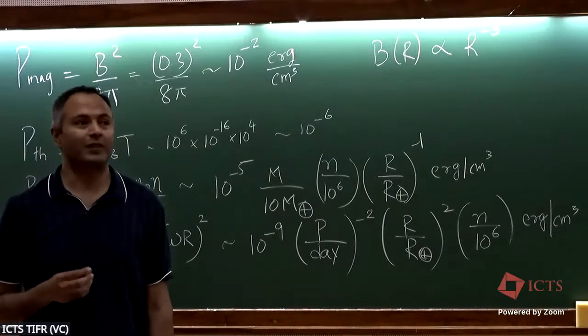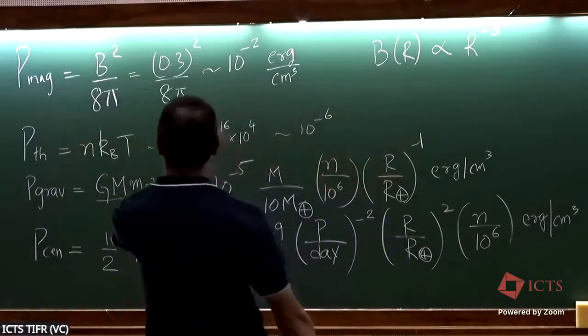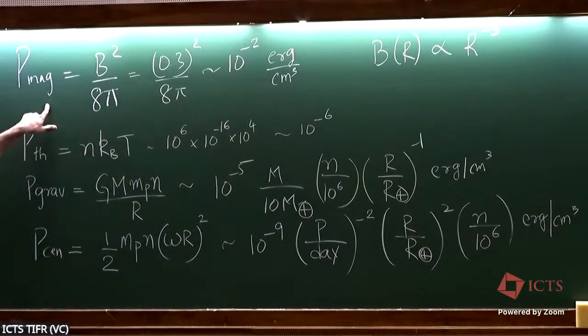So the magnetic field falls very rapidly with radial distance, which means that the magnetic energy density is going to plummet as r to the -6. So at some point, this is going to win. The kinetic energy of motion of plasma is going to win, and that's inevitable in a magnetosphere.